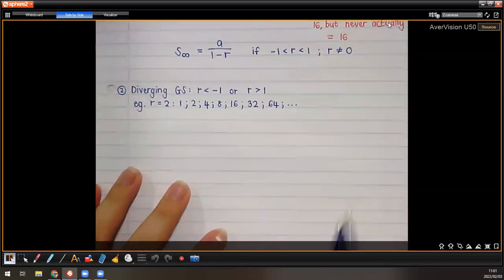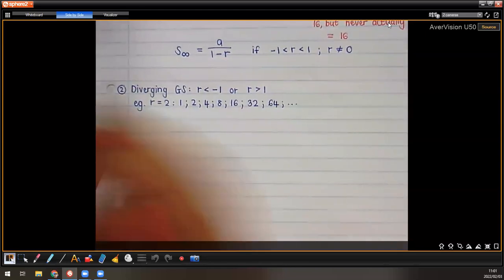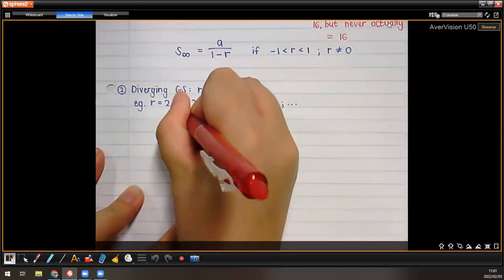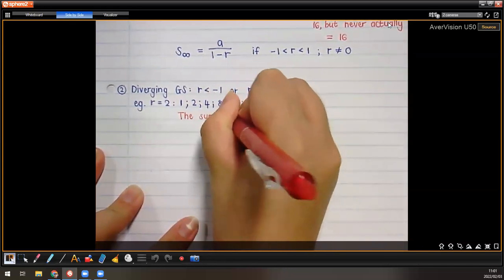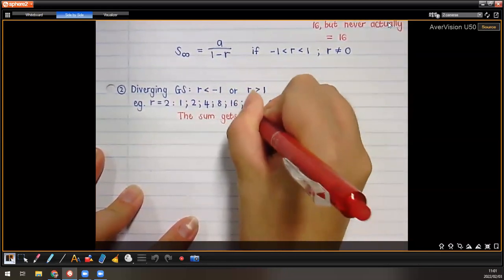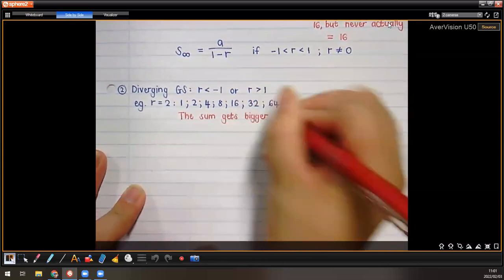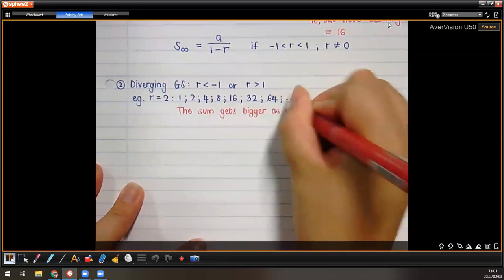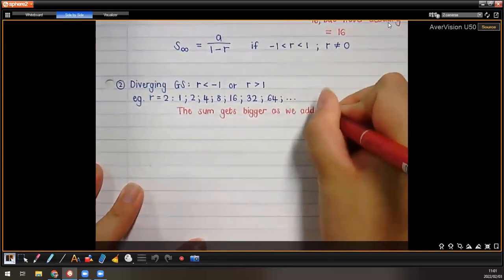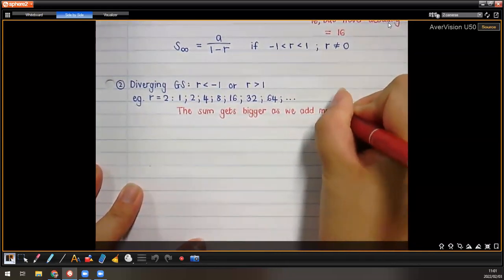All right, so I'm just going to write here: the sum gets bigger as we add new terms.